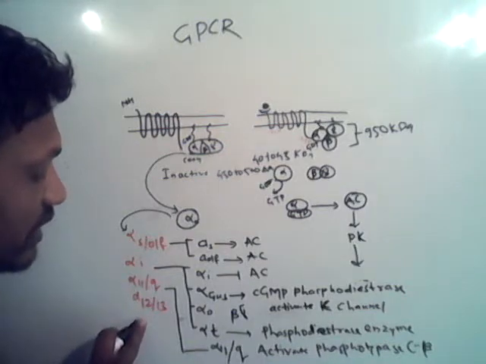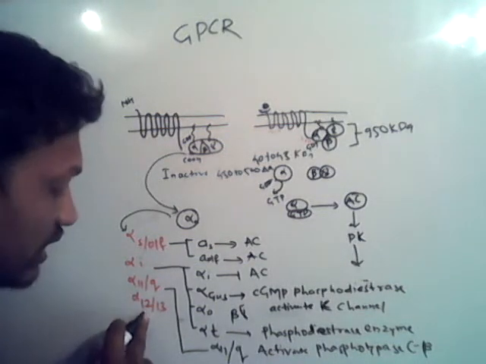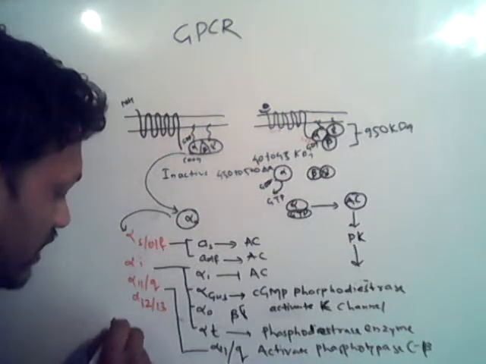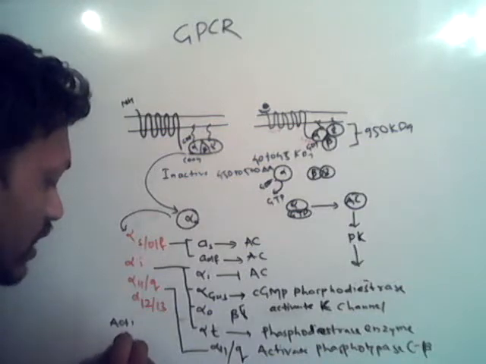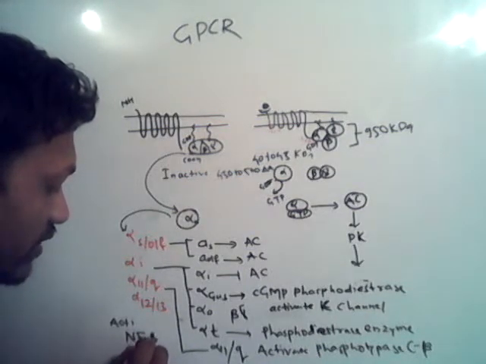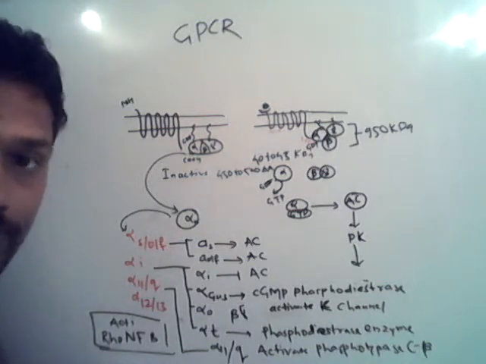So what happens with 12 and 13? In the case of 12 and 13, it activates the Rho nucleotide binding factor.